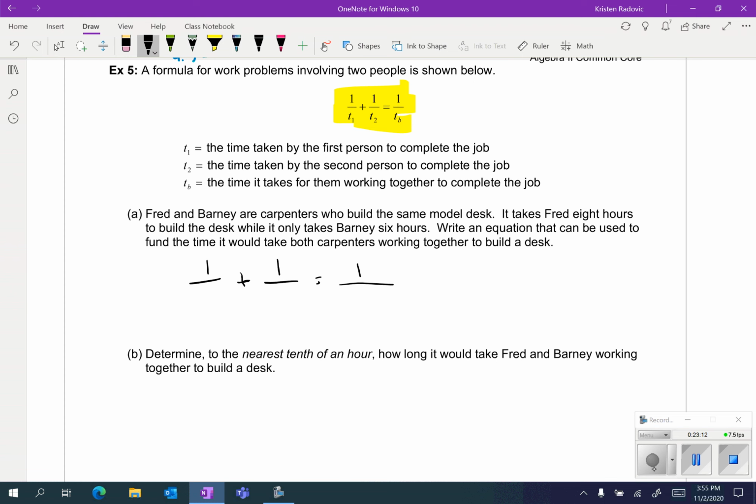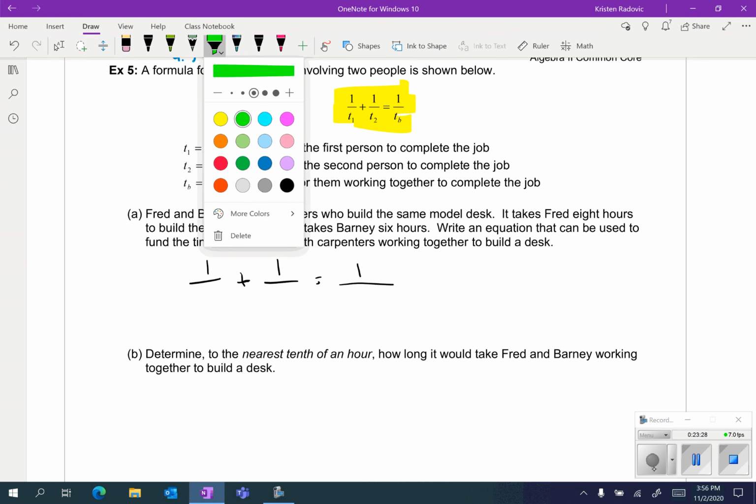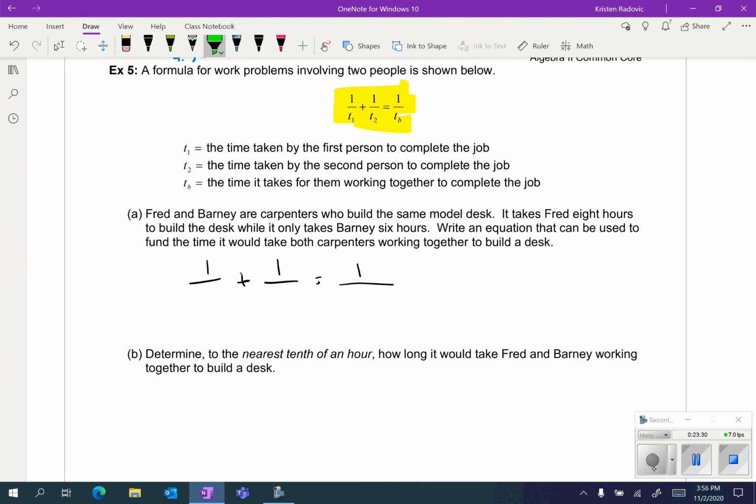they're saying T sub 1, I said sub 1 because it's a subscript, it's the opposite of an exponent. Instead of being written up top, it's written below, is the time taken by the first person to complete the job. So the time taken for the first person, let's see, we have Fred, takes 8 hours.